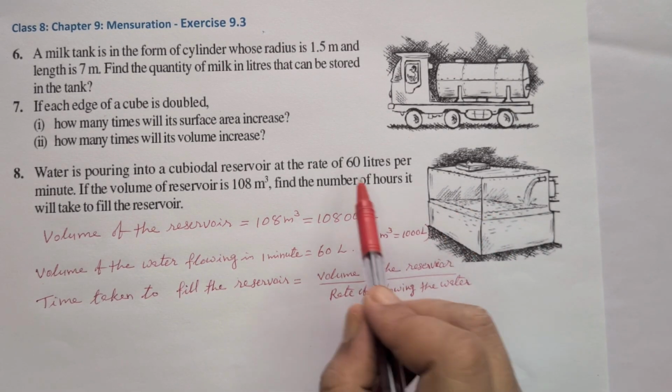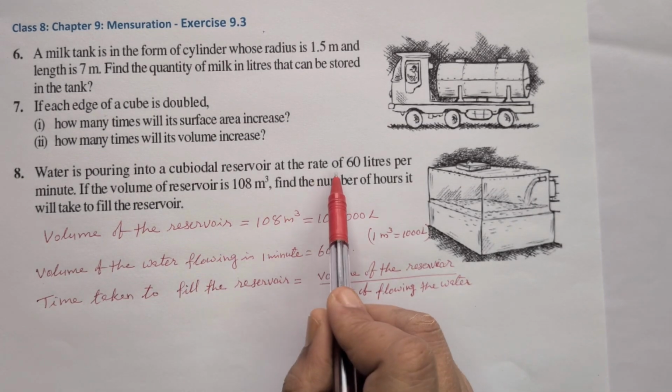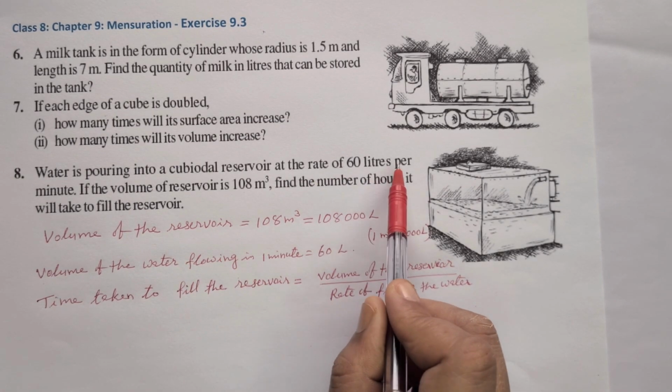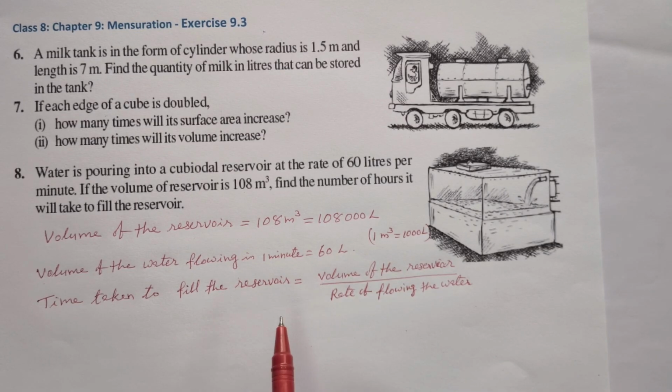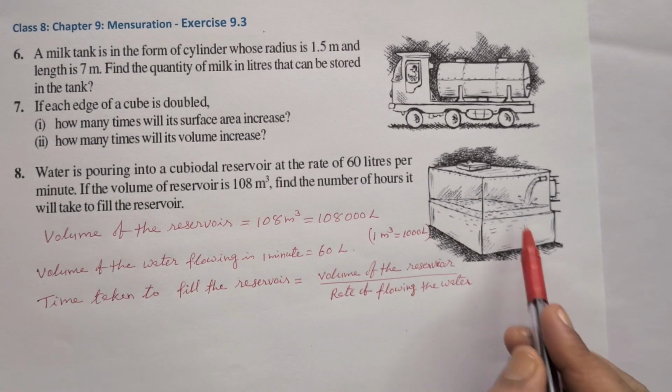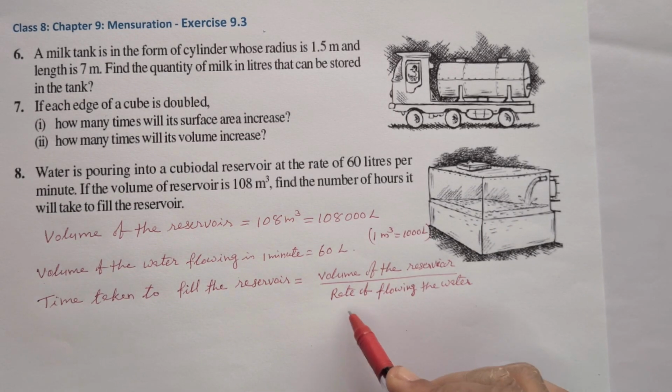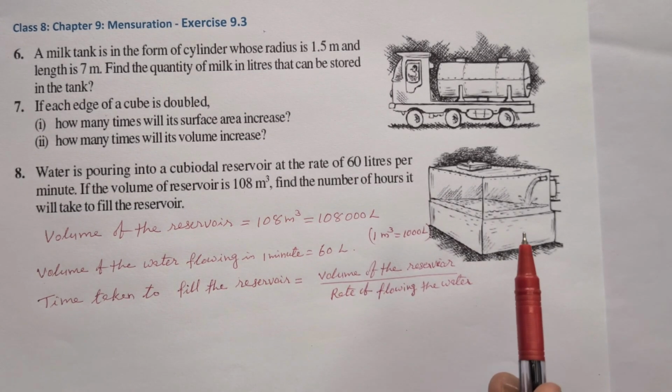Now water is flowing at the rate of 60 liters per minute, so in 1 minute 60 liters of water. The time taken is the volume of the reservoir divided by the rate of water flow.